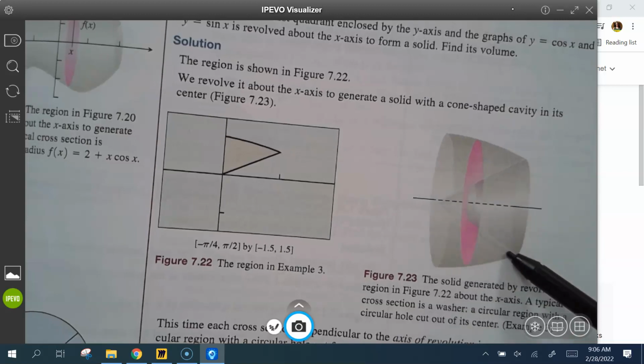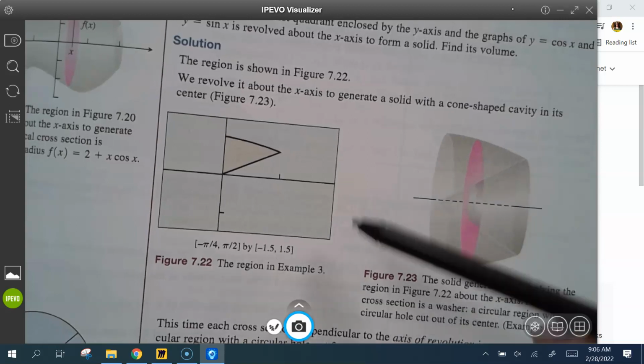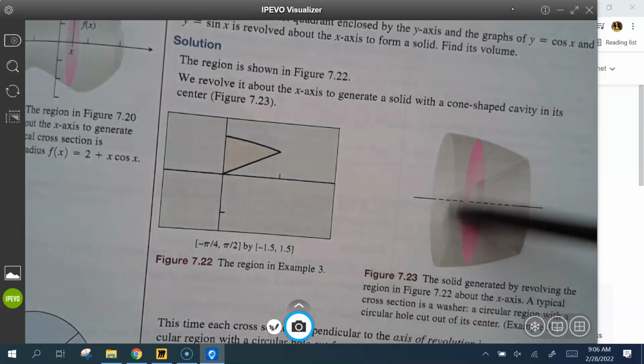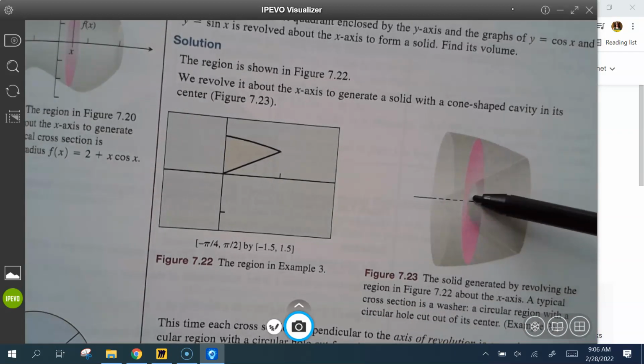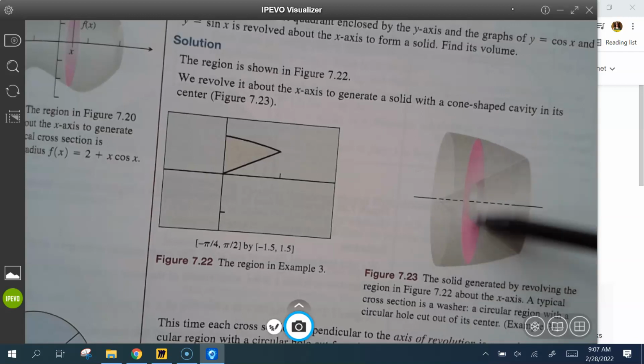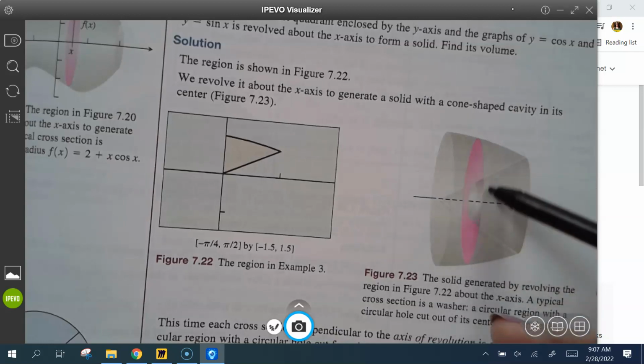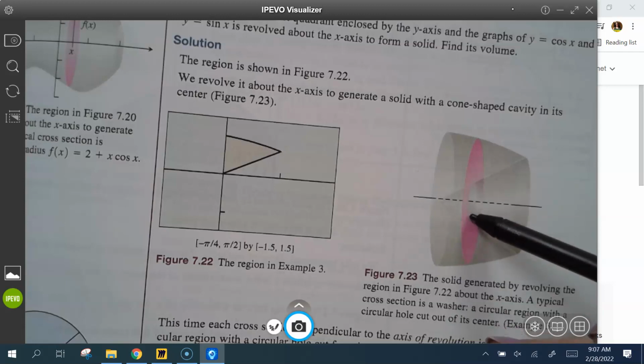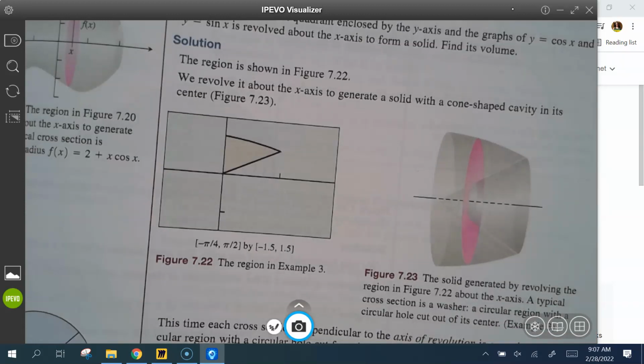You see the hole in the middle? That's this area right here, all the way down. But I'm still taking a circle out each time that has a hole in the middle. So that's why we call it a washer. It looks like a washer as I pull these discs out, because they've got a hole in the middle. Does that make sense? So essentially what I'm going to have to do is find the area of the pink one and subtract the area of the hole. Okay, is everybody okay with that?